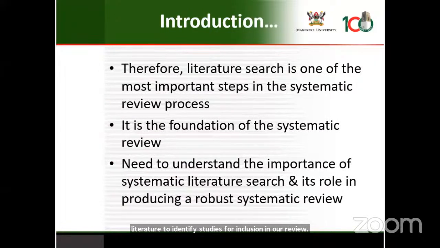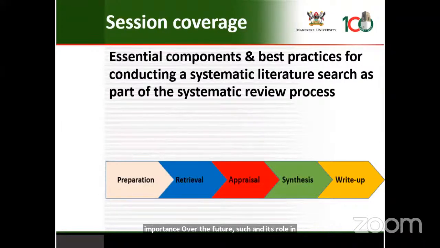So the literature search is one of the most important steps in a systematic review process. It is a foundation of the systematic review, and it is very important that you understand the importance of literature search and its role in producing a robust systematic review.